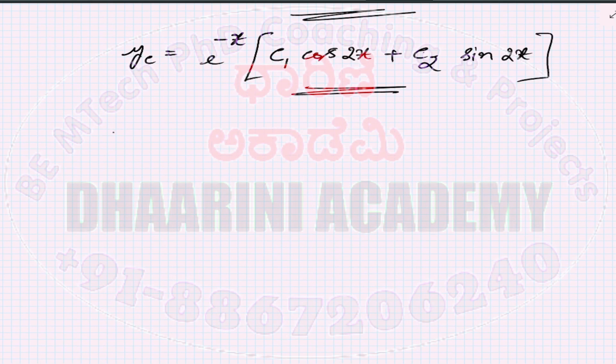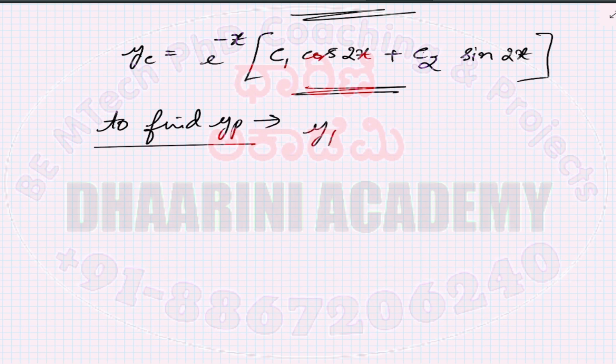All right, now our intention is to find yp. Yp is given by phi of x divided by f of D. In this case, I can see that phi of x is e to the minus x into sine 2x, as given in the problem.